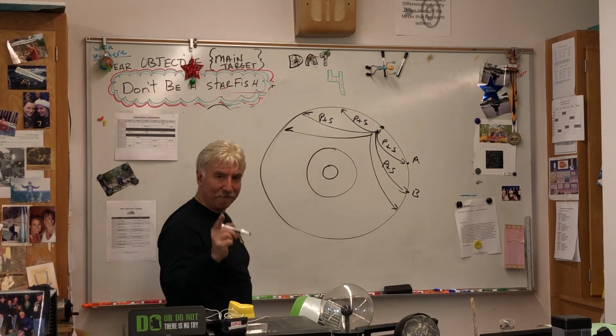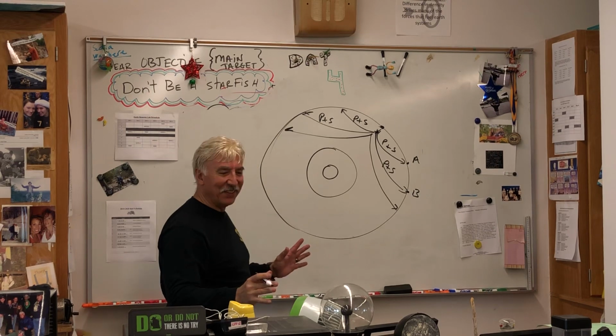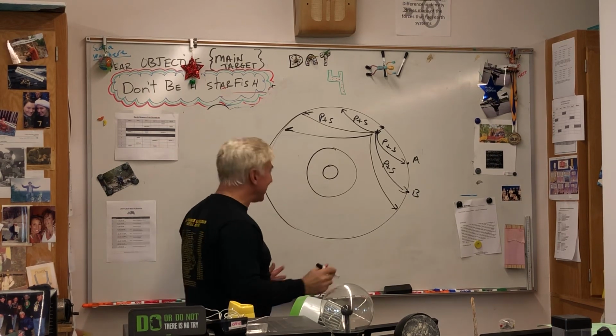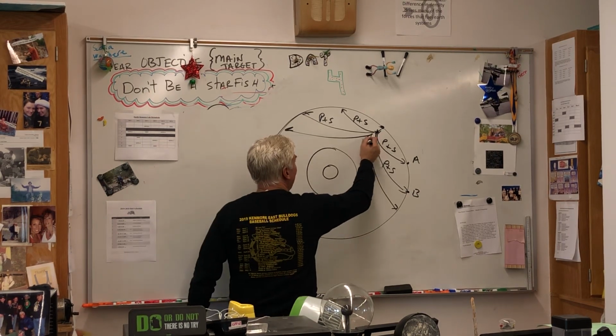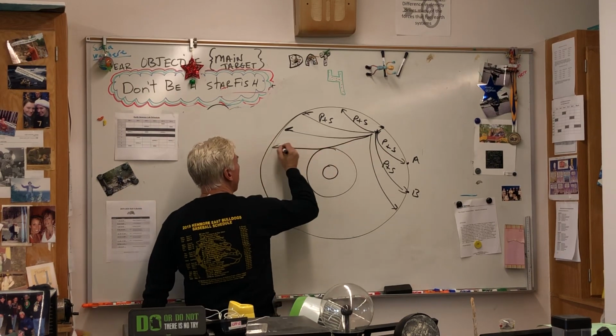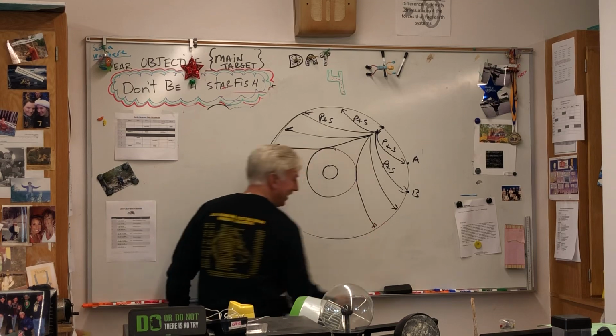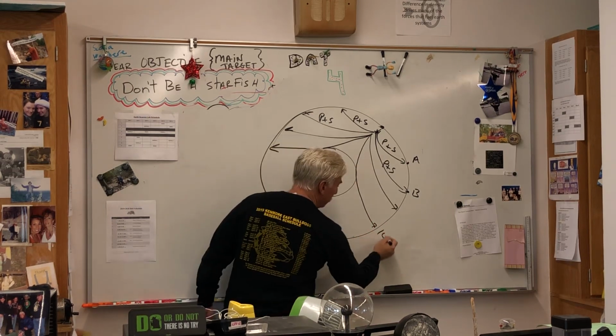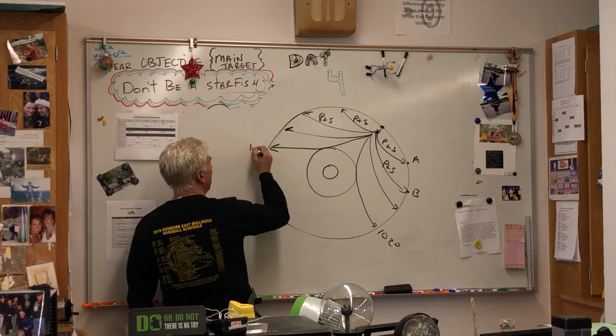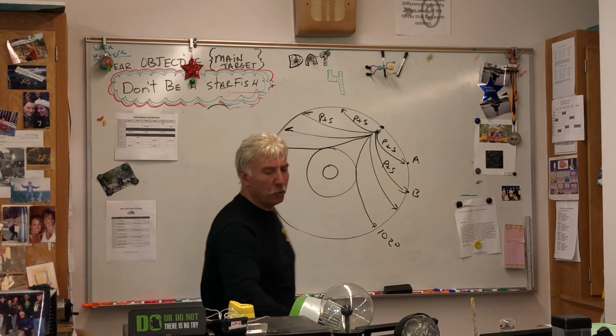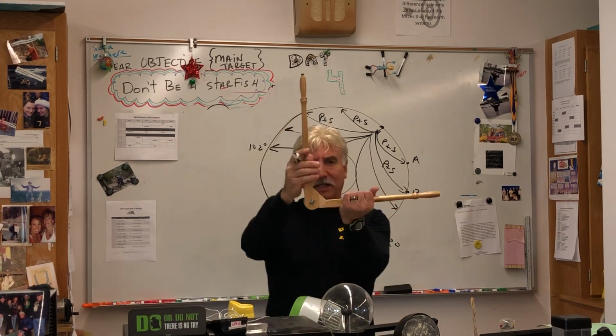But here's the thing. This is unbelievable. The last time P and S waves show up together from any earthquake on the planet is 102 degrees on this side and 102 degrees on that side. What do we mean by that? You guys see how this is 90 degrees?